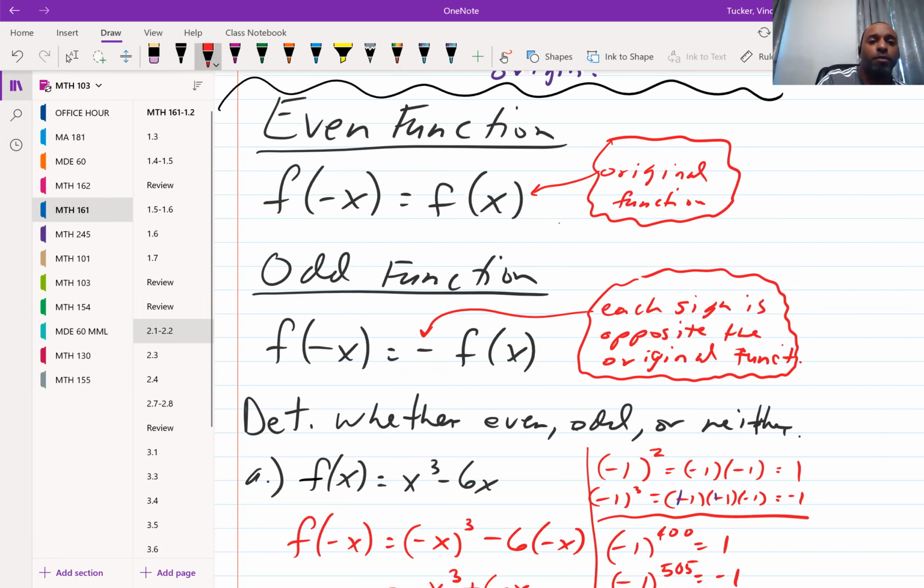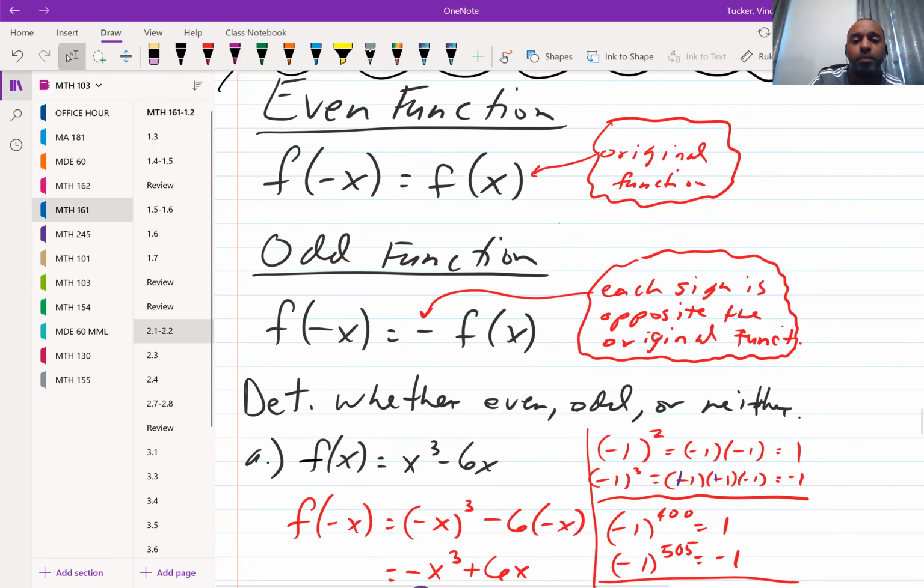But if each one of your terms has the opposite sign compared to your original function, then it's considered an odd function. So you substitute in negative x, simplify as much as possible, and finally compare it to your original function to see whether it's odd or even.